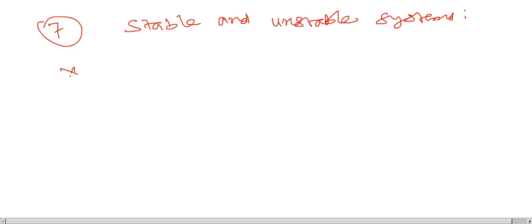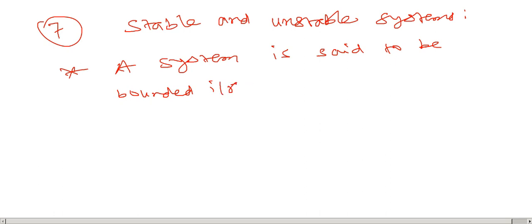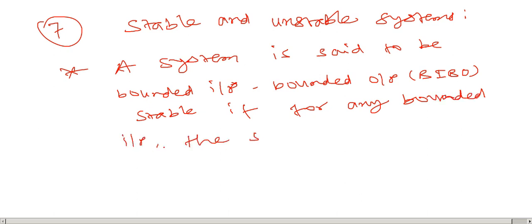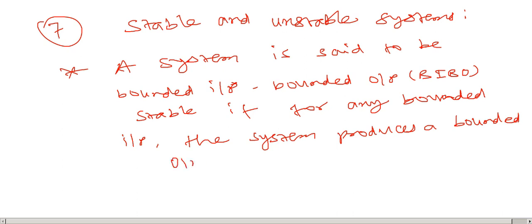Let us move to another classification, which is stable and unstable systems. A system is said to be bounded input, bounded output, in short known as BIBO stable, if for any bounded input the system produces a bounded output.